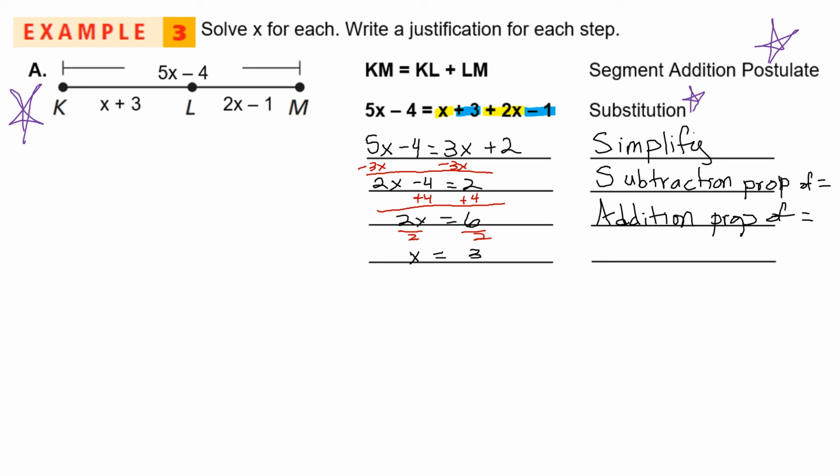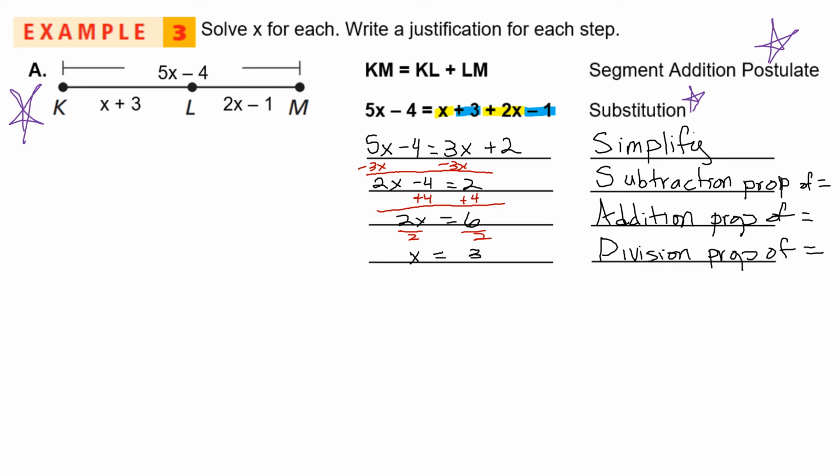And since we divided by 2, our justification is division property. So again, the red is my work, the black is my actual step. It's what goes on that line.